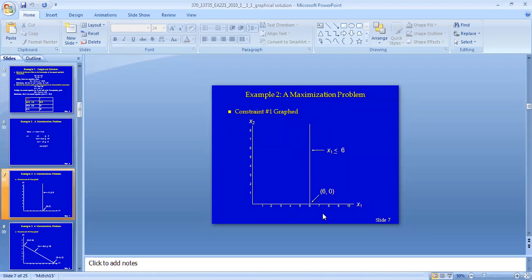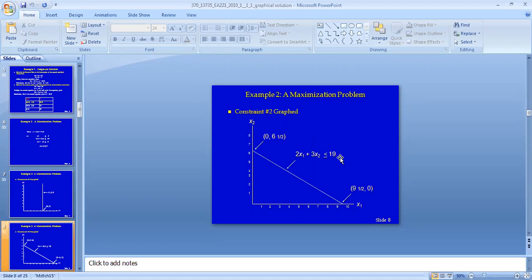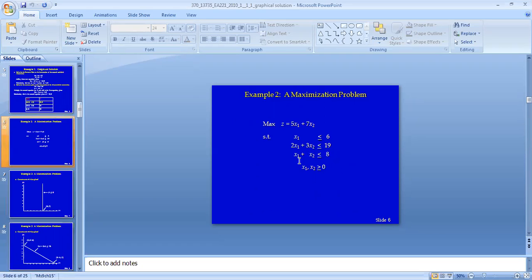Taking x1 on the x axis and x2 on the y axis, the first constraint, putting x1 = 6, gives a straight line parallel to the y axis. This indicates x1 ≤ 6. Now for the second graph, if x2 = 0, x1 = 19/2, which is 9.5.